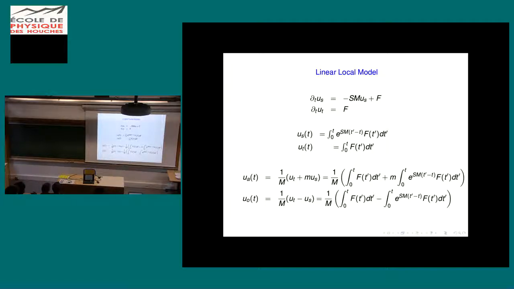And of course, these are linear equations. You can solve for US and UT, and then you just put this into the equation. You invert this, and then you put this for UA and UO, and what you get is just these linear integrals.